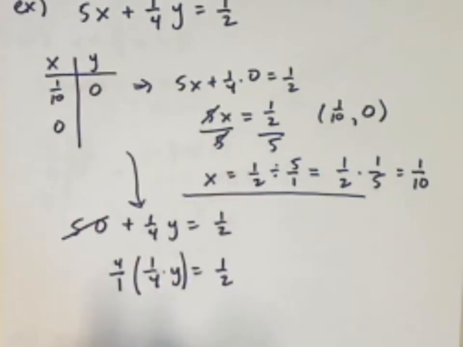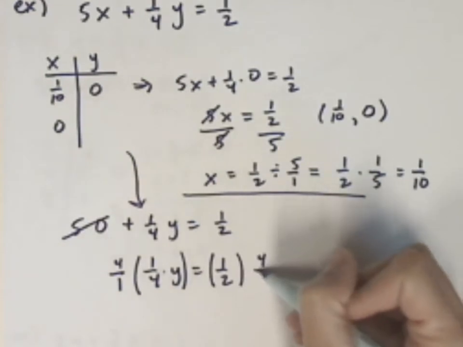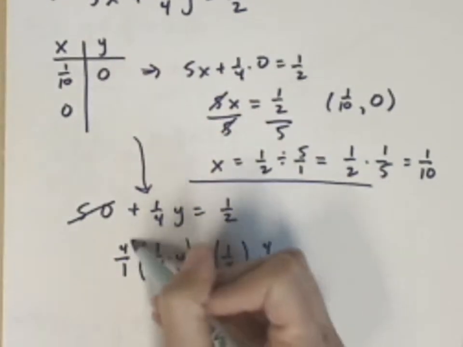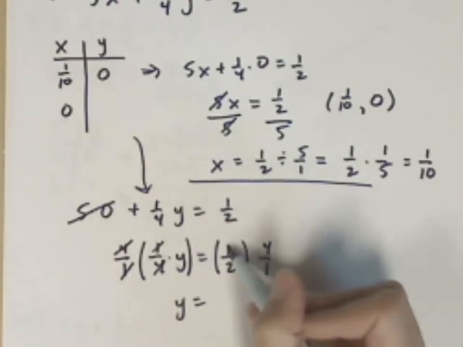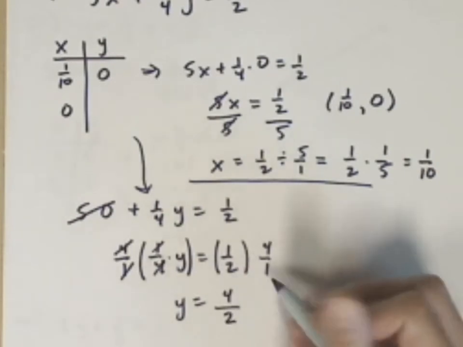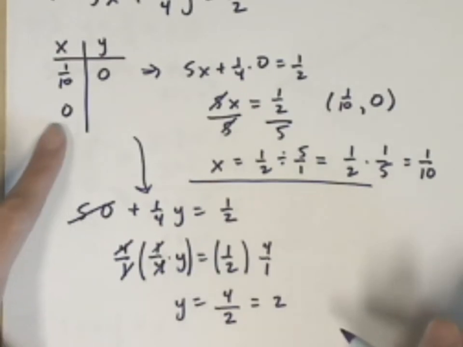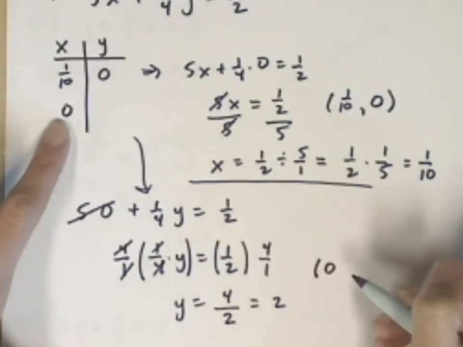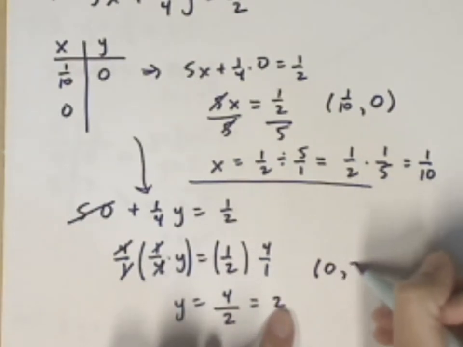So I'm going to multiply the left by 4, or 4/1, and I'll do the same thing to the right. 4's cancel, 1's cancel, and I get y equals, multiply straight across, 1 times 4, 2 times 1. I get 4 divided by 2, or 2. So when we started with x being 0, we ended up with y as 2.